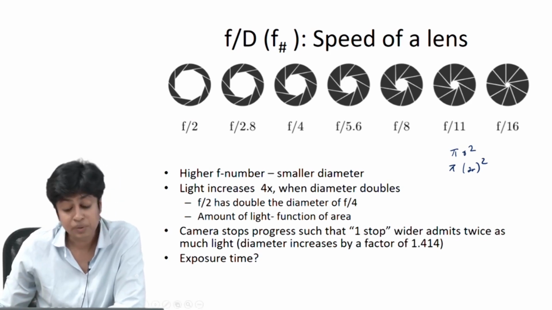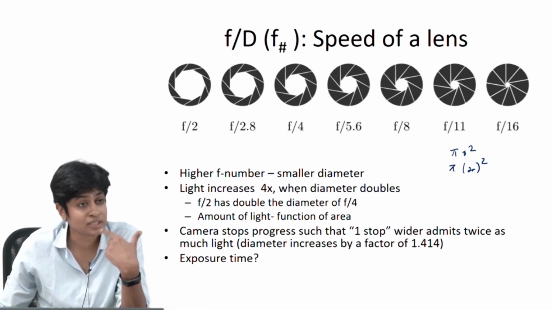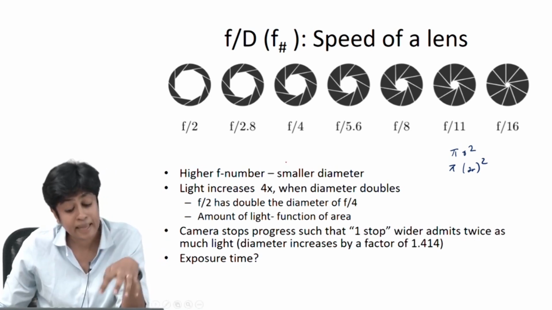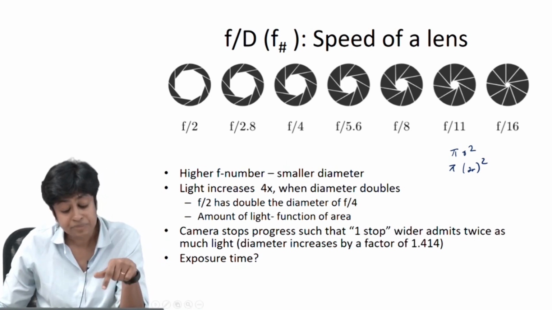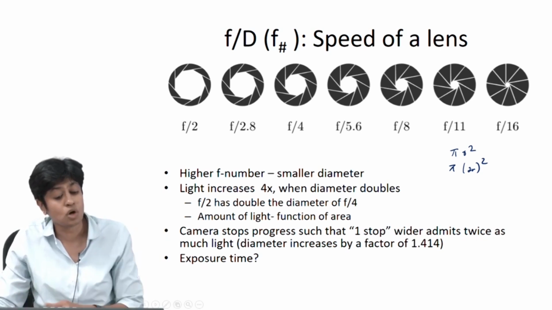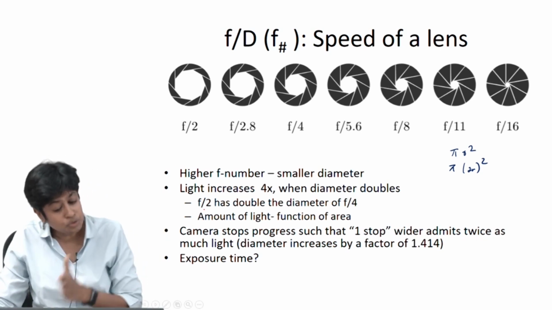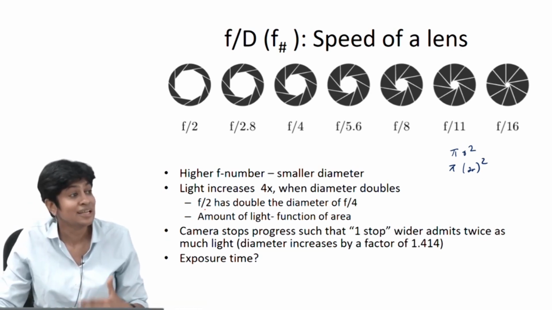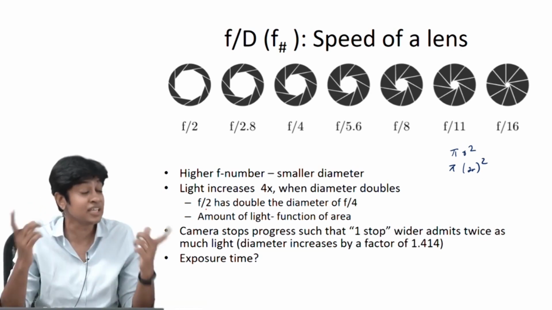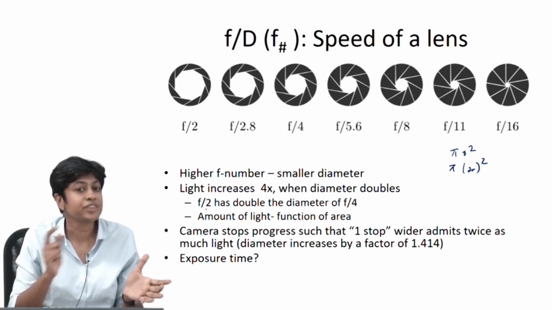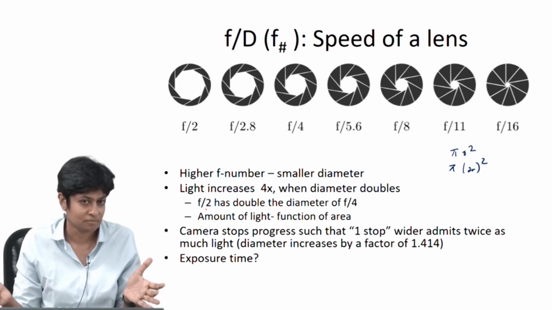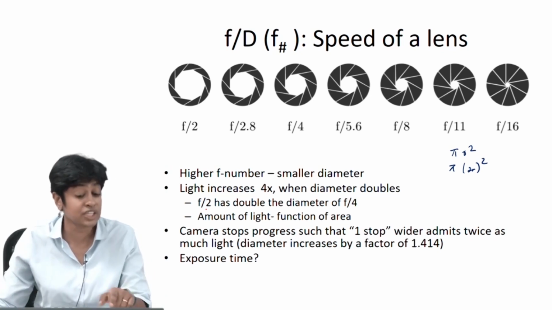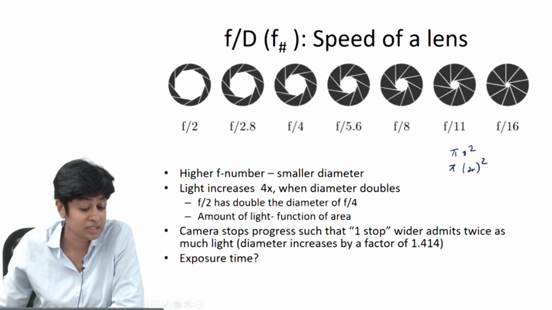Okay. Now you can see doubling the radius makes the light intensity go up by 4 times. So the camera settings are such that every time you go up one stop, so f/2 to f/2.8, where do these numbers come from? You're actually saying let's change the area such that the exposure time doubles, right? So this radius is not half of this radius.